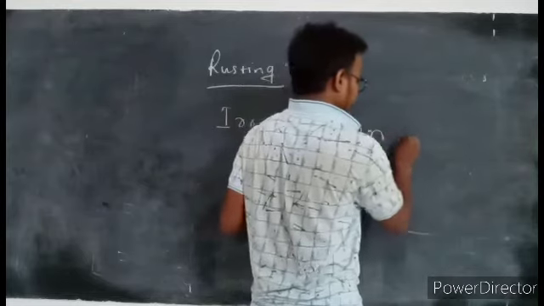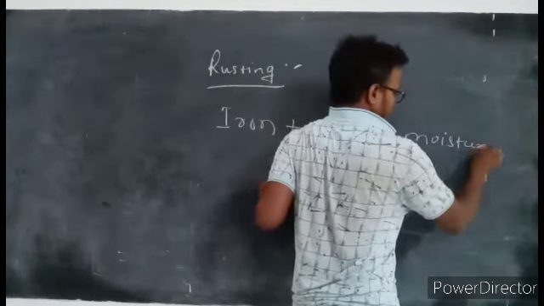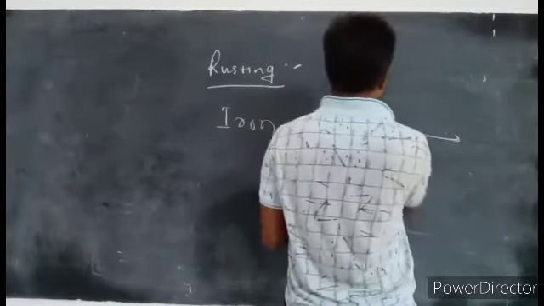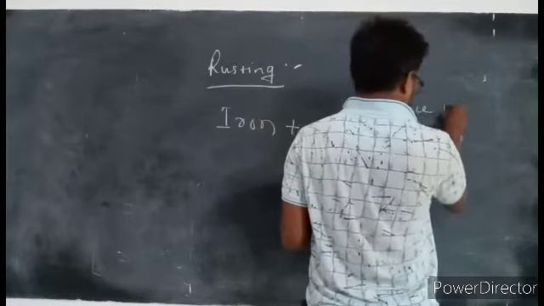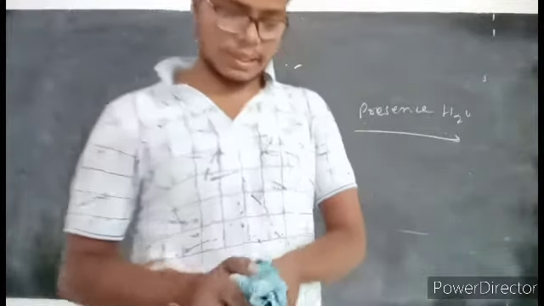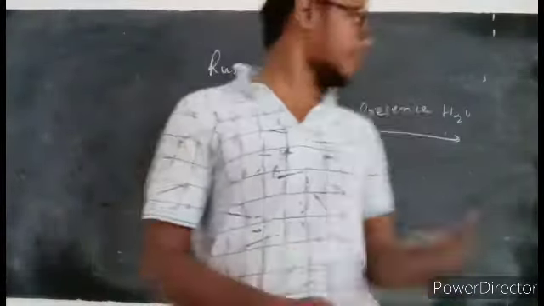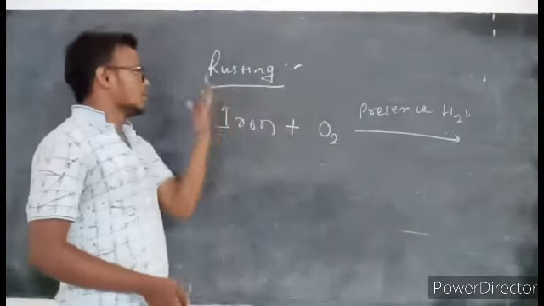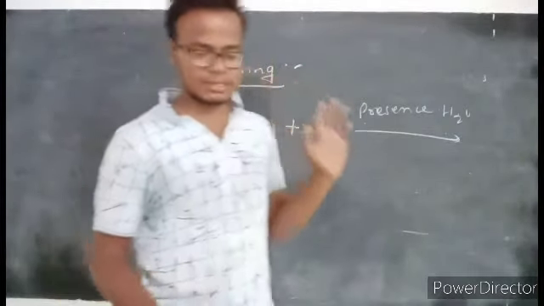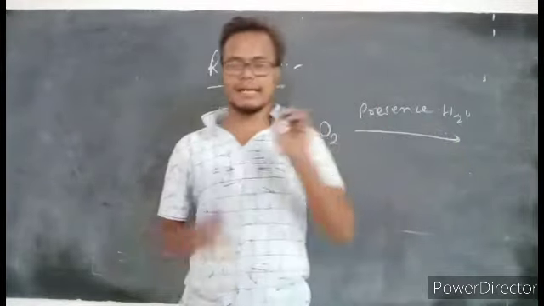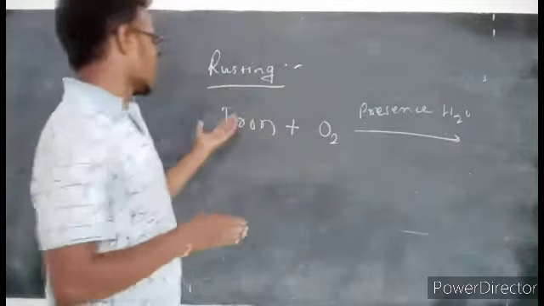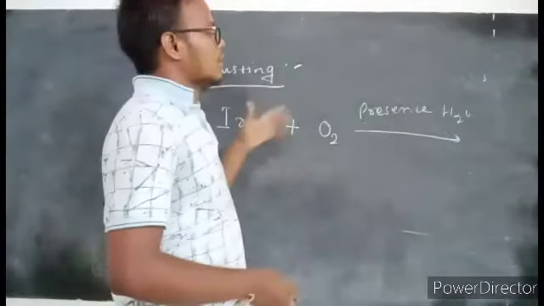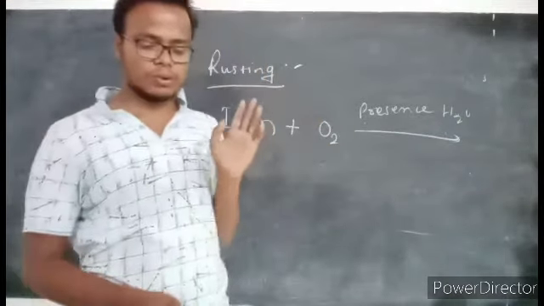In the presence of moisture it produces a reddish brown substance, which is nothing but iron oxide. So rusting is a chemical process where iron reacts with oxygen in the presence of moisture and produces iron oxide, a reddish brown substance.